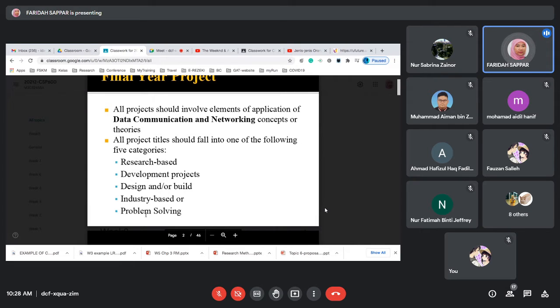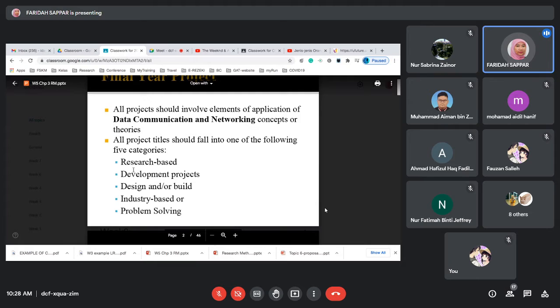Okay, problem solving or industry based can be different. For industry based, sometimes the industry itself provides the monetary fund for the research center or university to solve their problems. For problem solving, sometimes the money comes from the government, so there is a way for us to solve that particular problem.